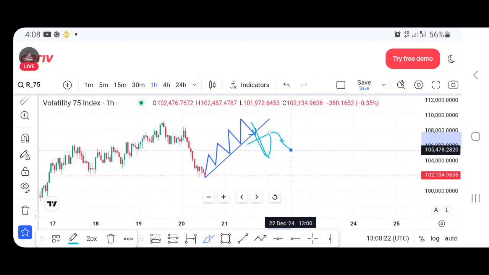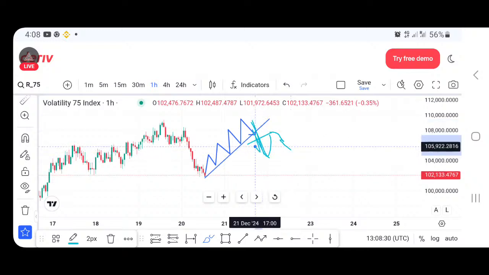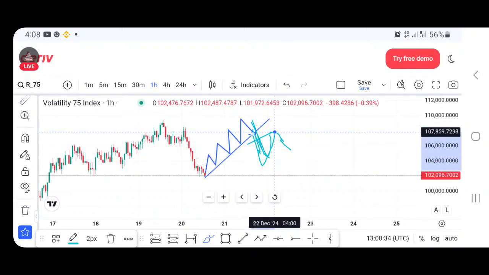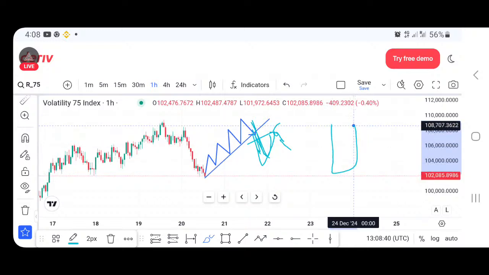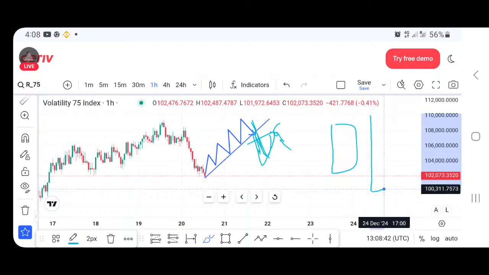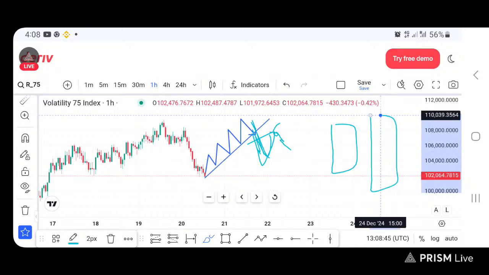So there are two ways you can execute. You can execute after the market breaks this counter trend line, or you can execute after seeing the retest. When the retest comes, you have to find a bearish engulfing pattern, or an evening star.